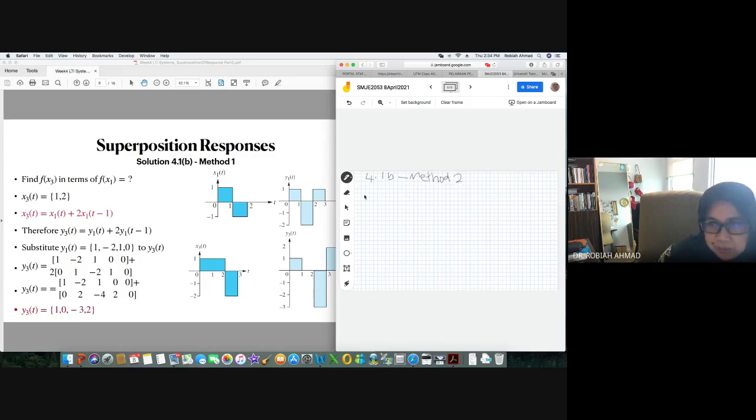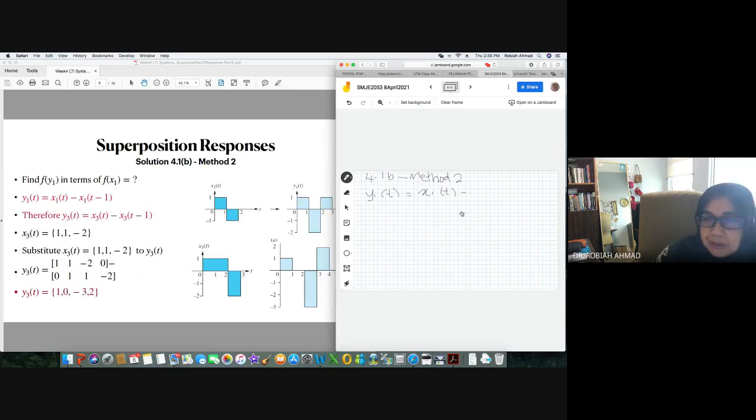So the same relationship holds, which is y1 of t earlier equals x1 of t minus x1 of t minus 1. Therefore our y3 will hold the same relationship, which is x3 of t minus x3 of t minus 1.